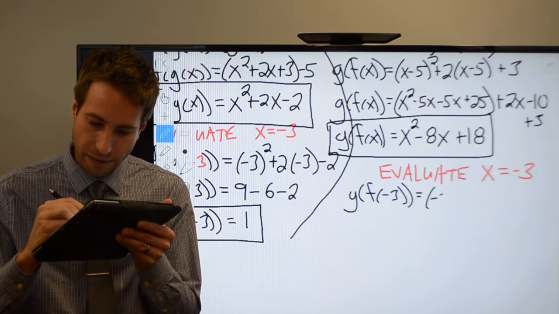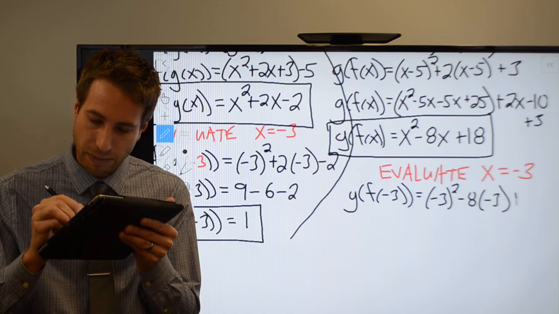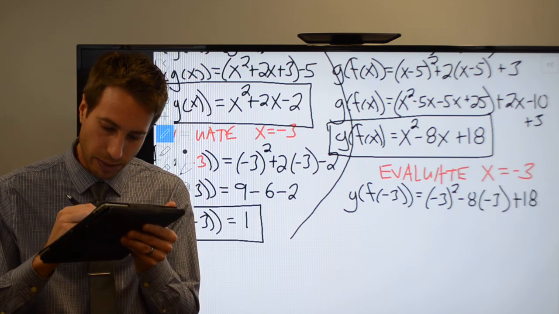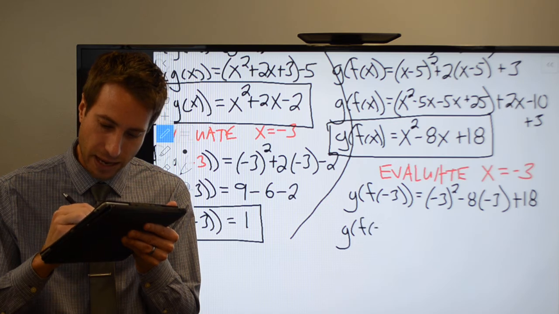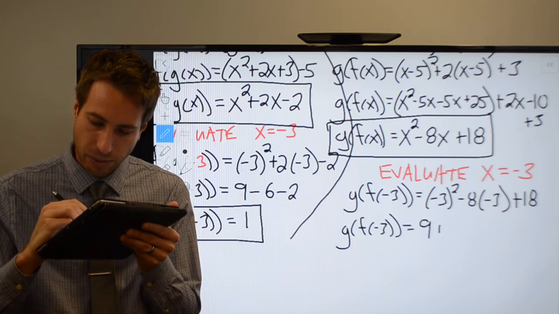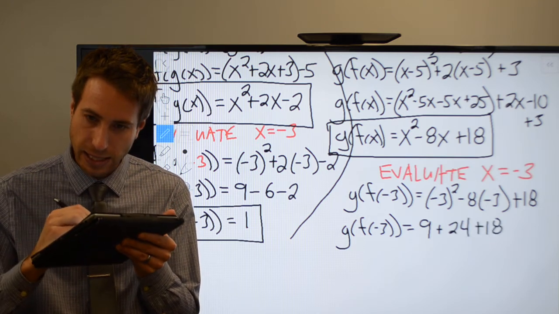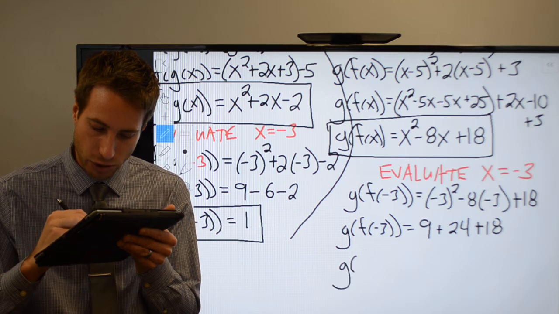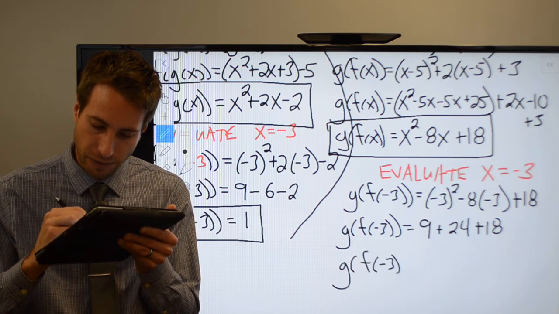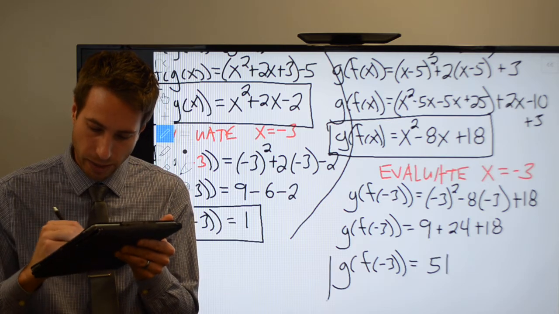So I'm going to have a negative 3 squared minus 8 times a negative 3 plus 18, which means g of f of negative 3 is equal to 9 plus 24 plus 18. And you should wind up with g of f of negative 3 equal to 51.